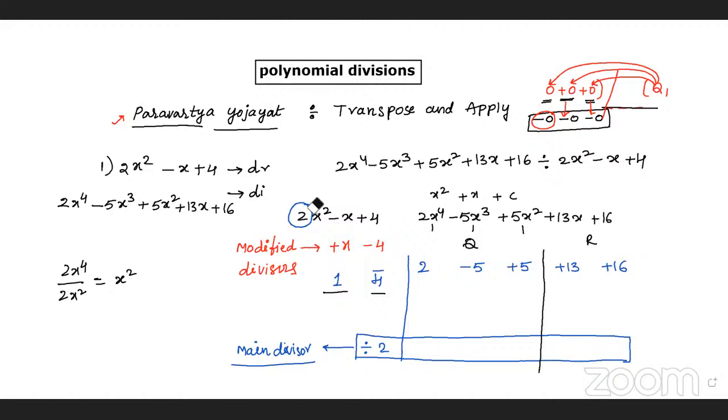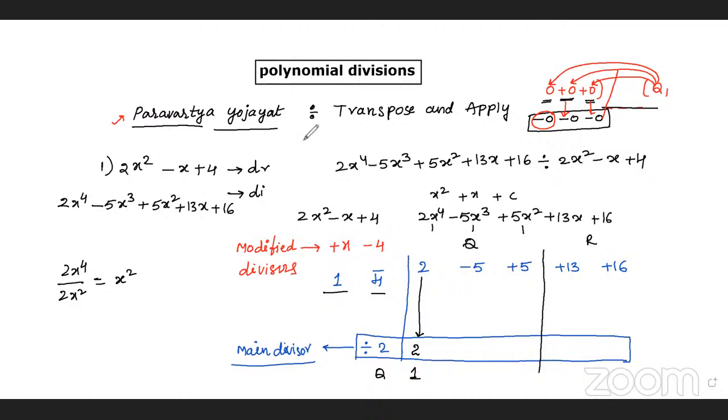Right. Now let us see the procedure. First we are dropping this 2 here. When a number enters this box, that number must be divided by 2. In case it is exactly divisible by 2, then write the quotient. What is the quotient? It goes one time. Is it correct? Yes or no?